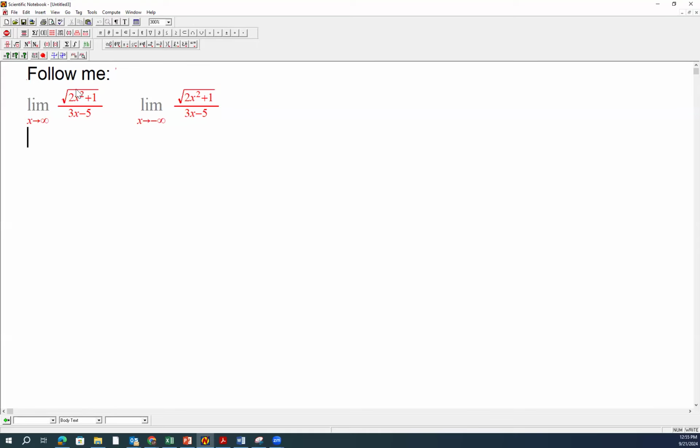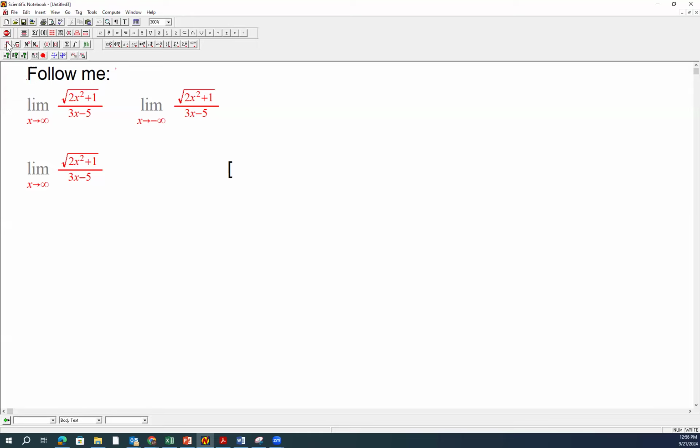On the first one, we can see x approaching infinity. I'm going to put the analysis part, or my scratch paper, on the side. I want your work to be split into the part you turn in and the part you do on scratch paper.